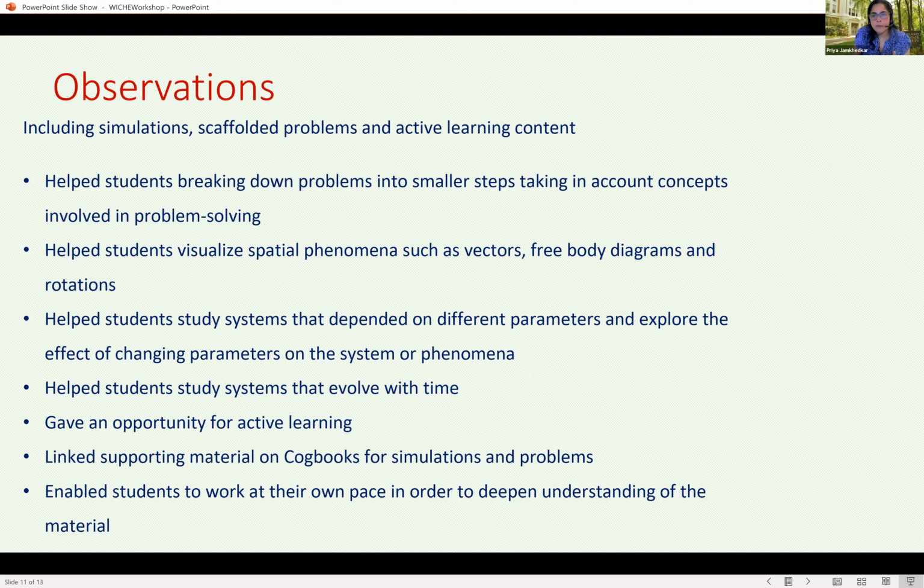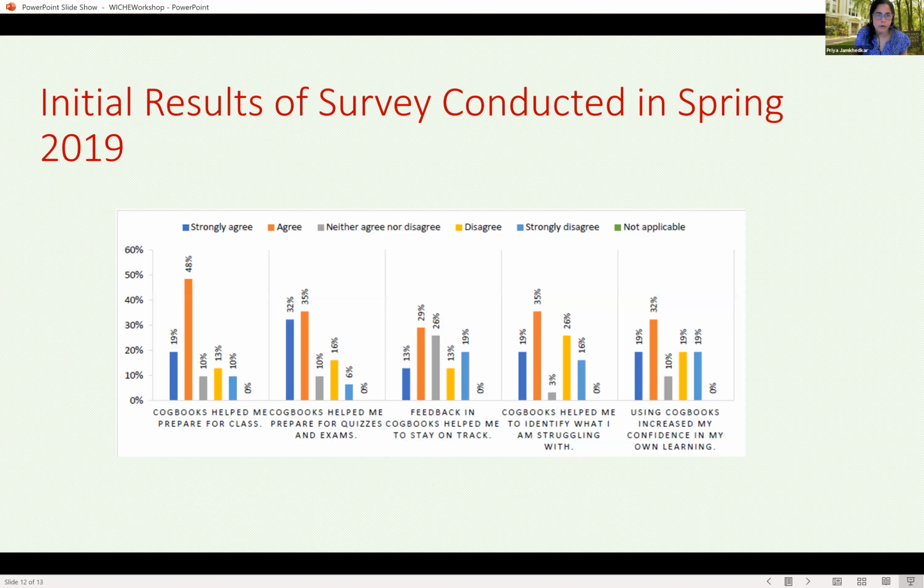Even if they don't remember any of the physics content when they move on to do other things, I'm hoping that this critical thinking, organization, carefulness, and attentiveness can be built in these students. And so students have had a positive experience using this overall.